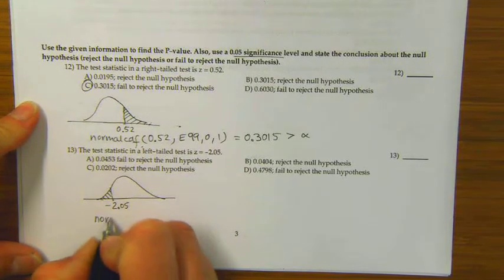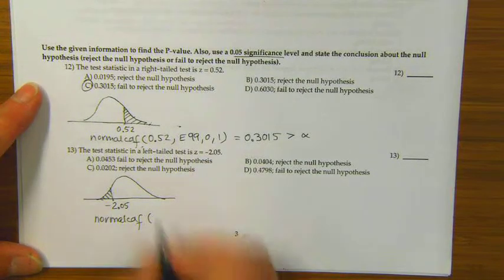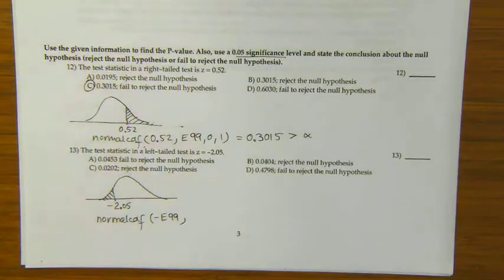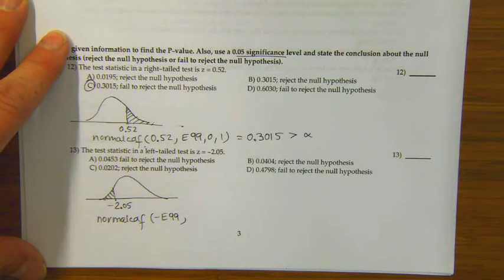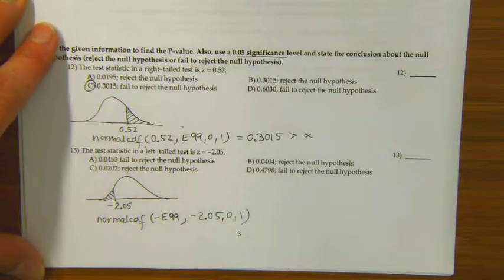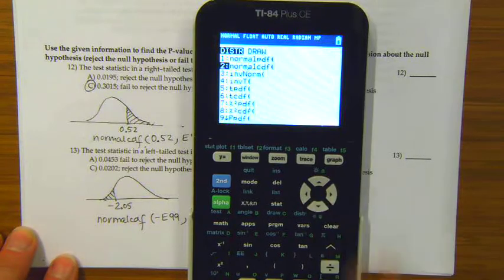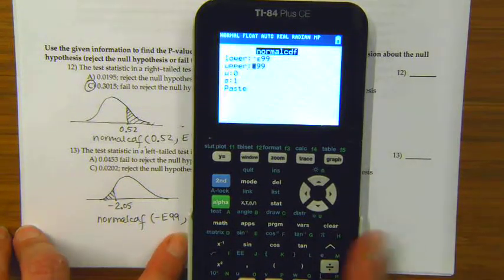Using the normal CDF, what do we enter as the lower value? Yeah, negative infinity or negative 9999 or negative 1 million. What's our upper value? Right, and then it's standard normal, so let's look at that over here under the distributions, normal CDF, negative E99, negative 2.05.